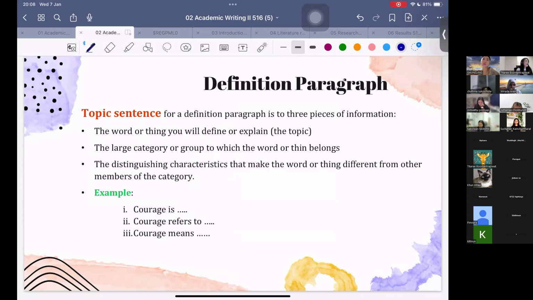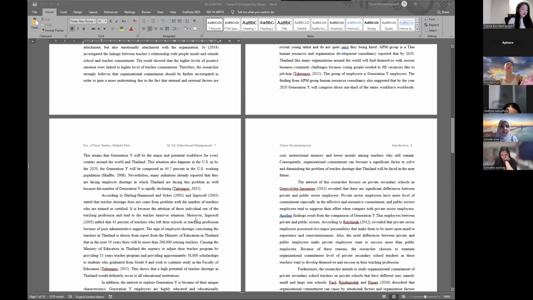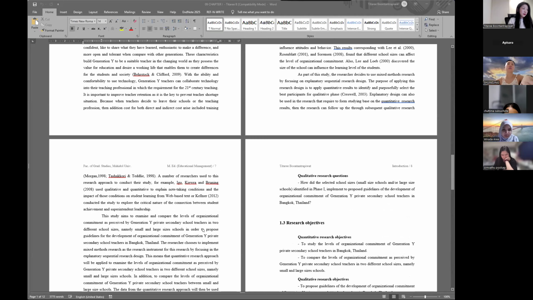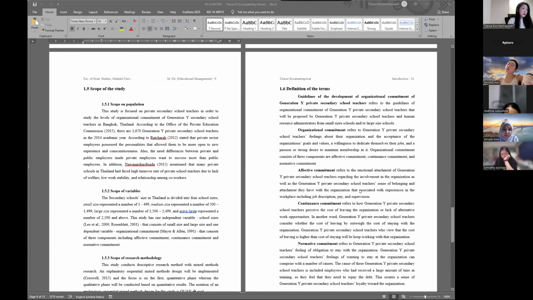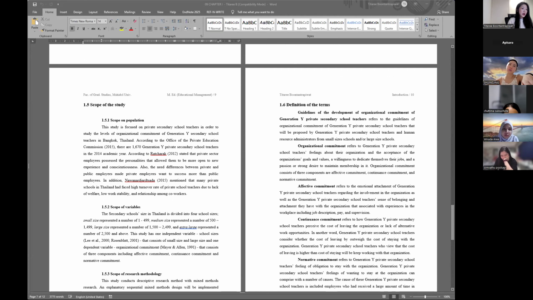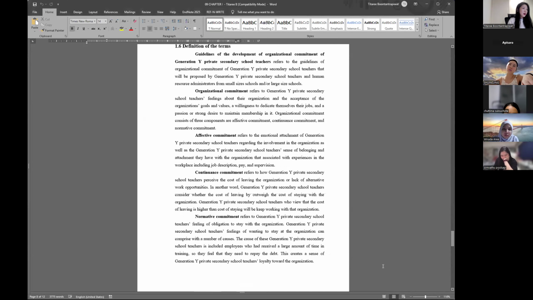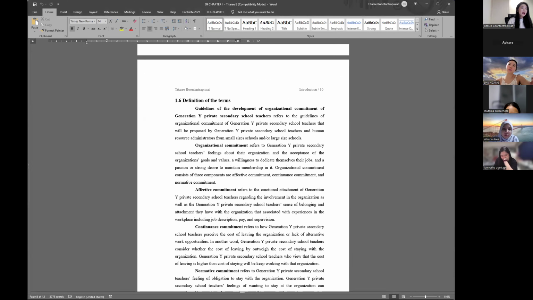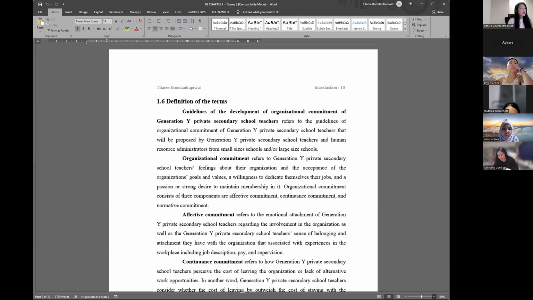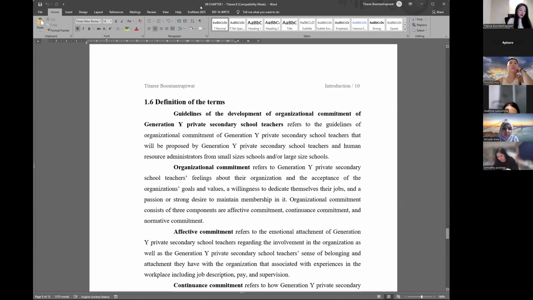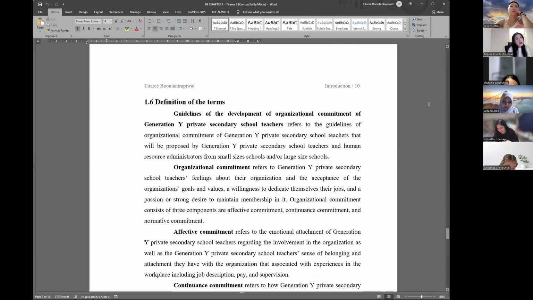When it comes to definitions, if you write a thesis or thematic paper, this is where you probably need to write a definitions paragraph, which you're gonna see in one of the sections called definitions of terms or the glossary.